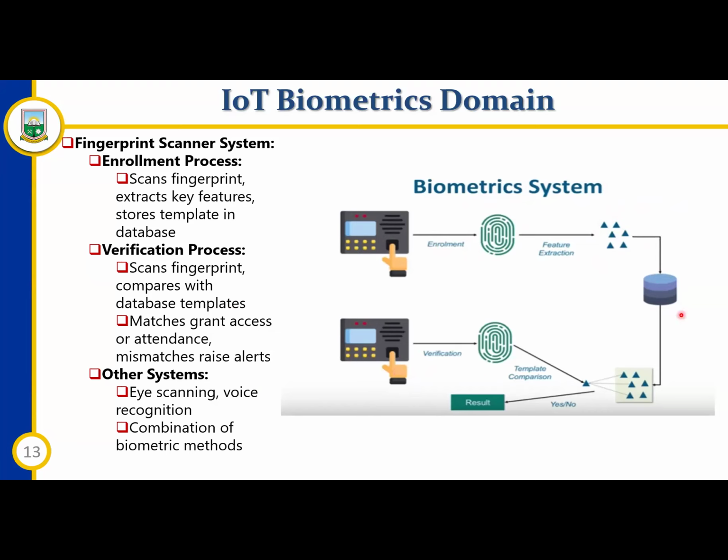The database could be serving as an attendance system or a door opening system. So the second time, the finger is pushed in there for verification, and the data is picked.